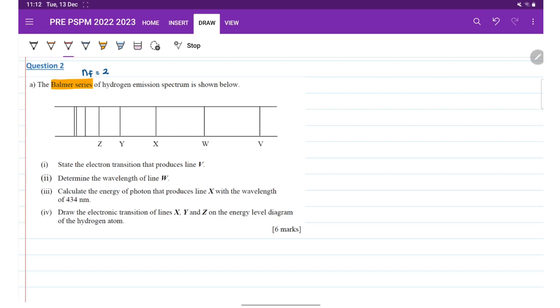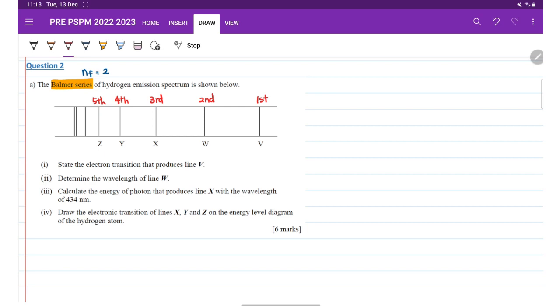So like I mentioned just now, to determine the first and the second transition, always find dua line yang jarak dia paling jauh. So for this one, dia start daripada sebelah kanan. So dua line yang paling jauh. So this will be the first transition and this will be the second transition and follows lah. So this is the third one, fourth one and fifth one.